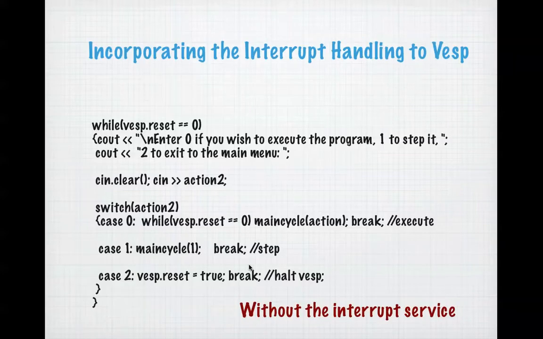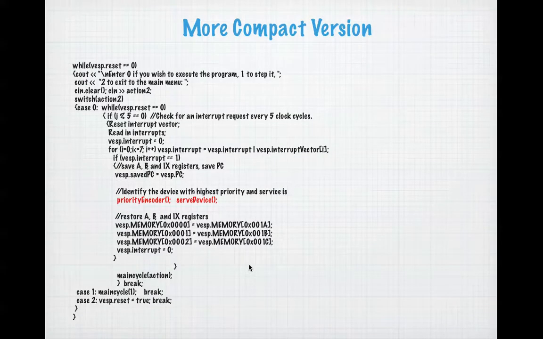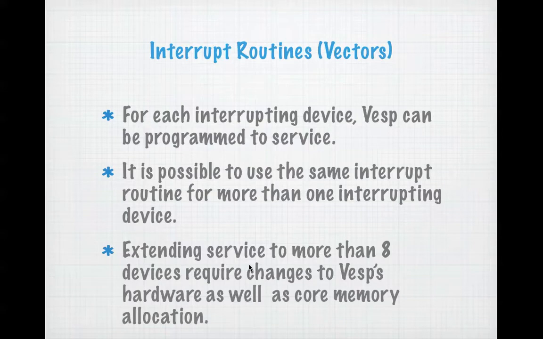So we just have to look at the fact that these interrupt routines, service routines, or as sometimes they call them, vectors, are programs that are stored in those locations, starting at hexadecimal 100 and then proceeding on in chunks of 64 locations. And if you were to do more than 8 devices, then you have to make some new memory allocations for those new services that you want to provide.